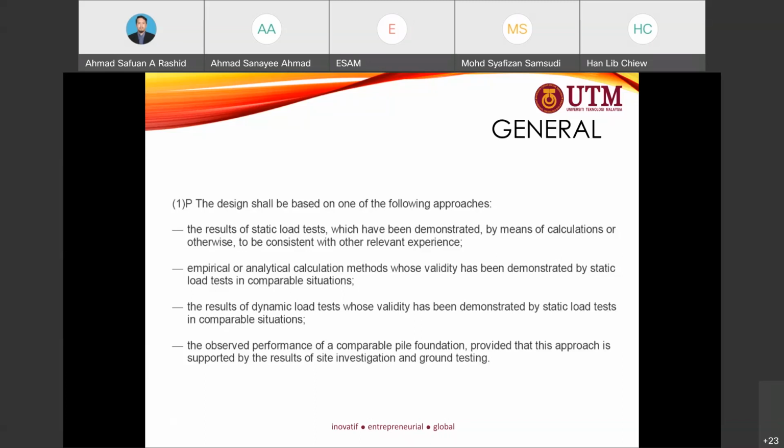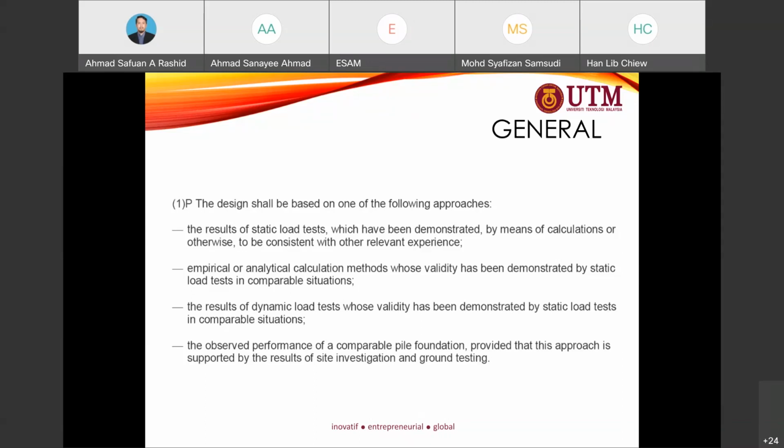The result of static load test, which has been demonstrated by means of calculations or otherwise to be consistent with other relevant experience. So we can use the result from the maintained or static load test, either using the average or the minimum value, to be considered as the value for the bearing capacity.